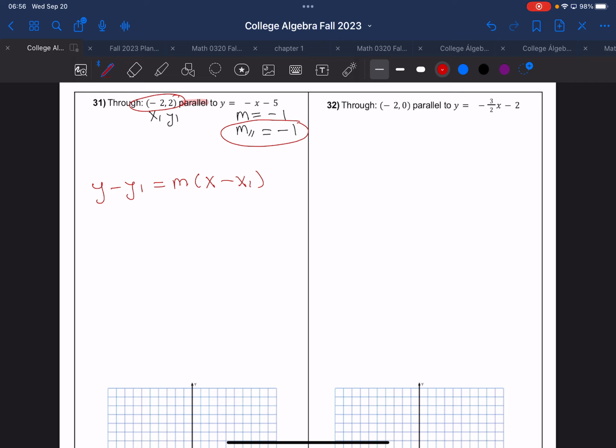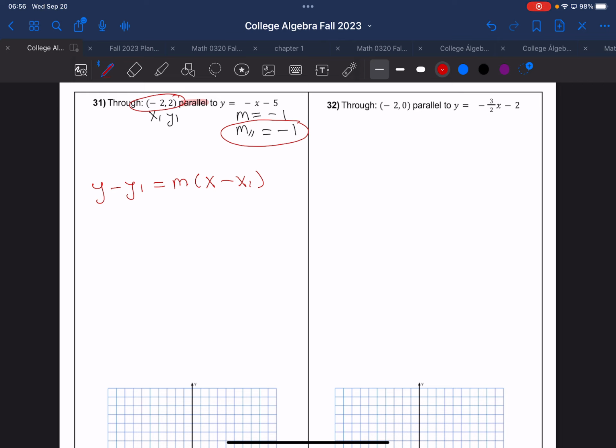So in this case, y and x are the variables. Okay, so we're not plugging in anything for y and we're not plugging in anything for x. The y1 and the x1 is our point, so we're going to plug in those numbers. And our m in this case is always that new slope you find.